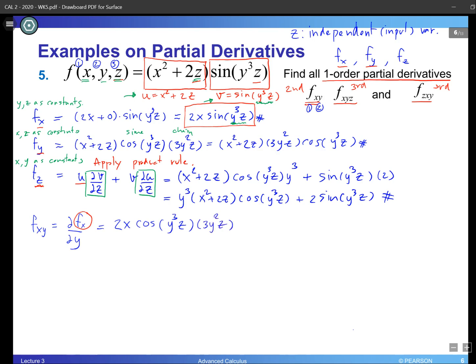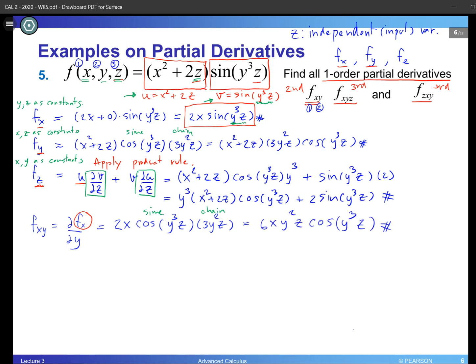Alright, so make a note right here that this comes from sine, and this comes from chain. So in the end I have this value of 6xy squared z times the cosine of y cubed z.